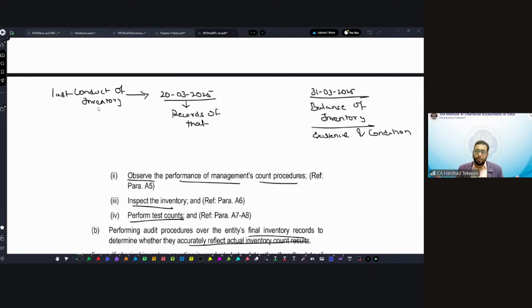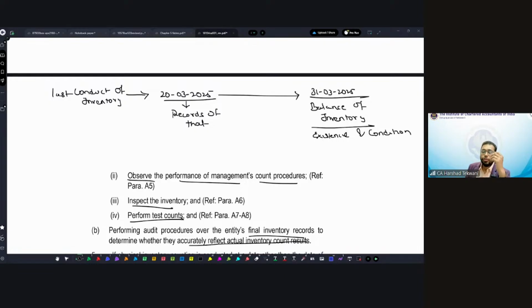You have the records of 20th March; till 20th March the last count was done. After that, no count is done. How can you get comfort from 20th March to 31st March? We will include any material received based on purchases from 20th March, we will reduce the sales, and based on that we will check it.